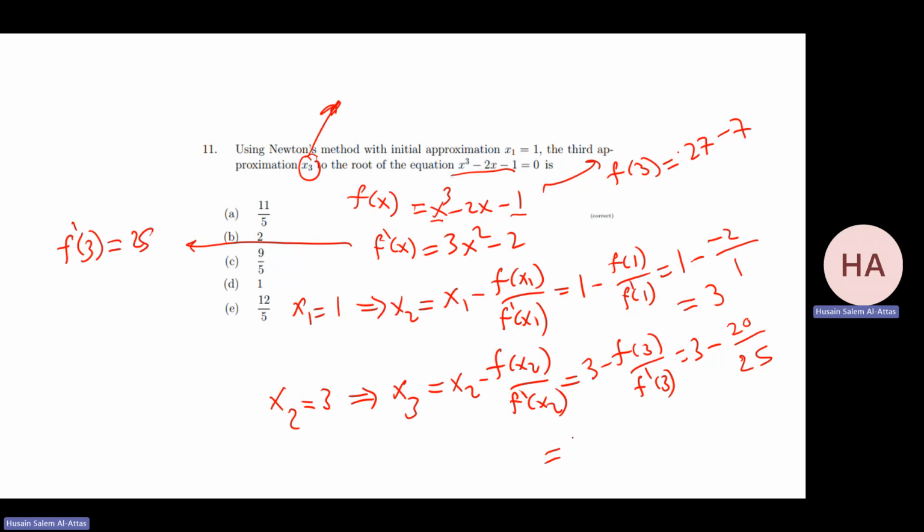So that will be 3 minus 4 over 5, dividing by 5. So that gives me 15 minus 4, 11 over 5, which is this.